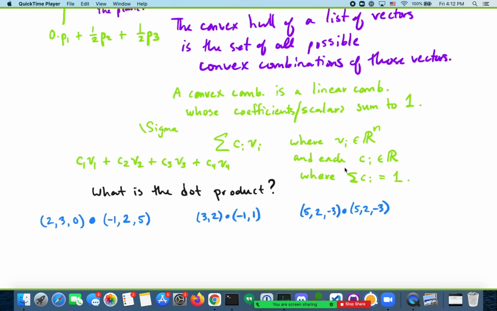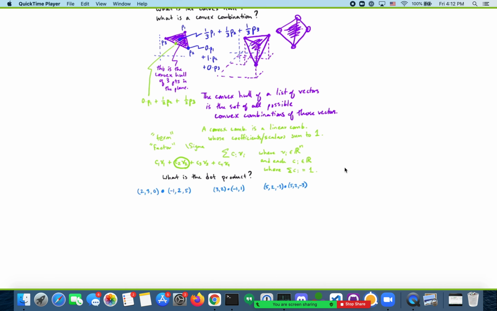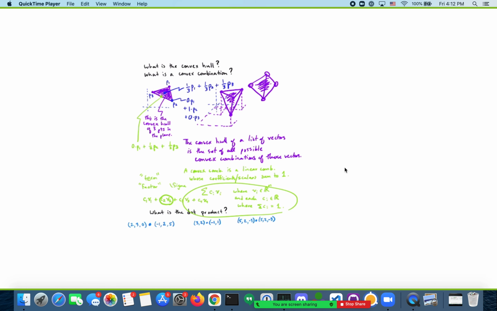Sigma for sum of some number of terms, and in this case there were 4 terms. So this is a term, term, term, term. The word term is something that we're adding together. In this case, each term has two factors. The word factor is something that we're multiplying together. So we're multiplying the real number and the vector together, and so we'd call them factors. Okay. That was a little aside on these symbols.